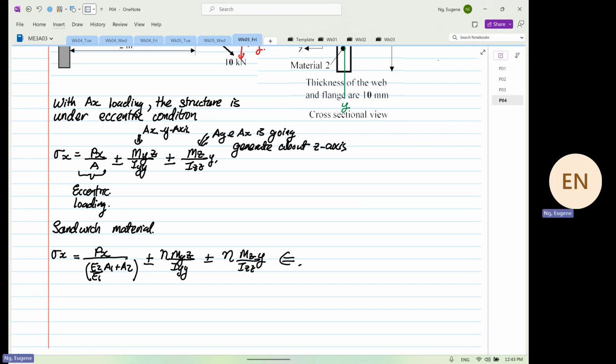So this is the formula that we have to use now.